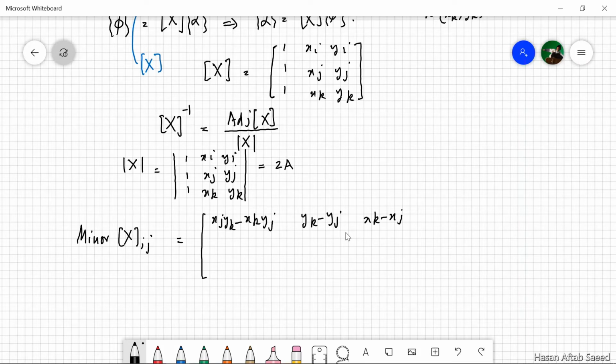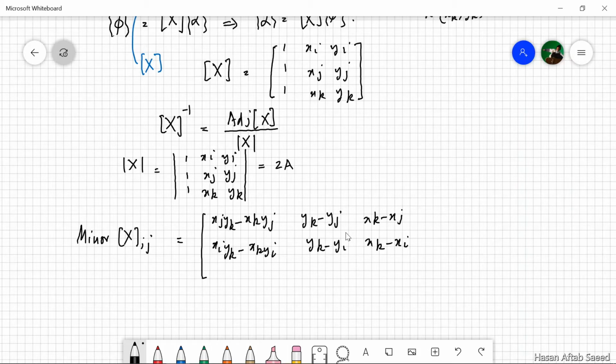Essentially what we do here is, for the element we are talking about, we ignore that row and that column and take the determinant of the rest. Now xi yk minus xk yi, yk minus yi, xk minus xi.